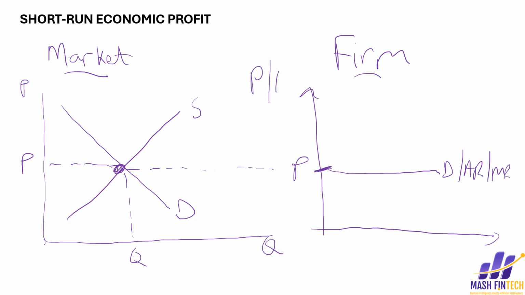This you label price and costs, because we put both costs and the other curves here, hence price and cost here. We will include the cost curves. The output is here. And if it's economic profit, remember, I said the minimum point of the average total cost curve must go below the price. So this is the average total cost curve.